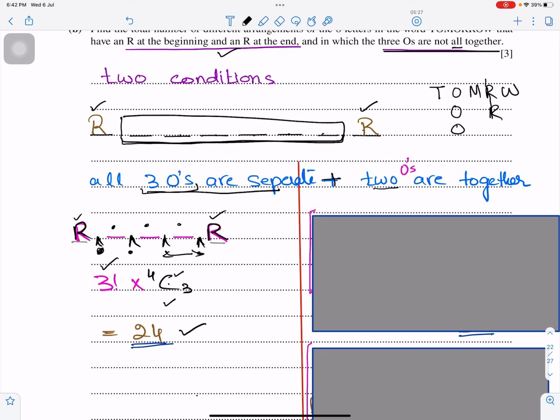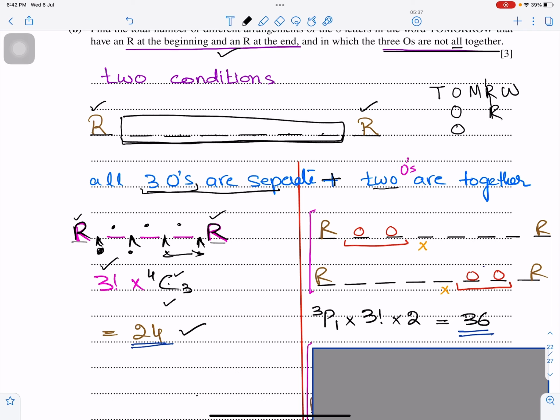Now I have to see the cases here when 2 O's are together, right? What are the possible cases here? See here, in this arrangement which I have written again, here 1, 2, 3, 4, 5, 6.